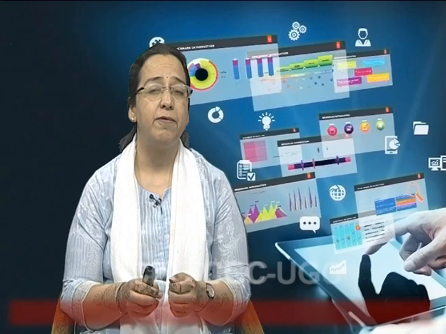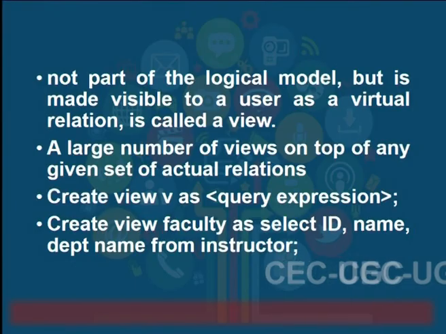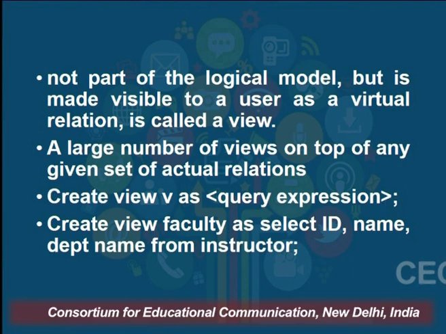Here we can say a large number of views can be created on top of a given set of actual relations. For example, let's say we have 10 actual relations, and by different requirements, we need different views or different virtual relations.